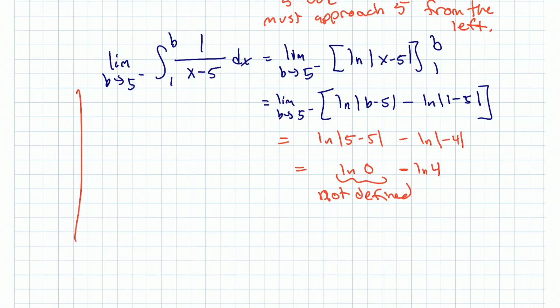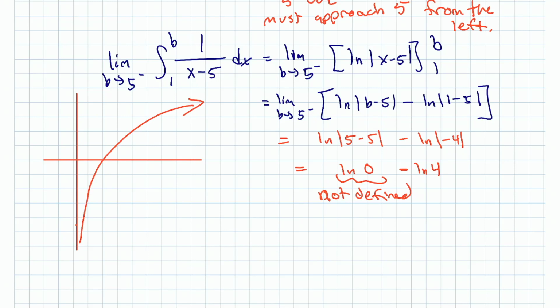Because if you look at a graph of the natural log function, it does this. At 0, the limit as x goes to 0 from the right of ln x equals negative infinity.